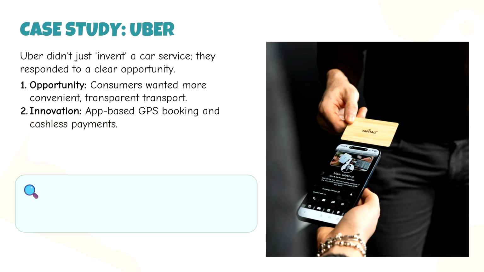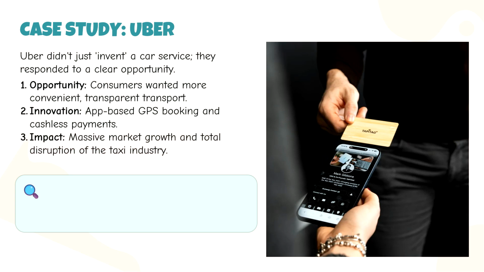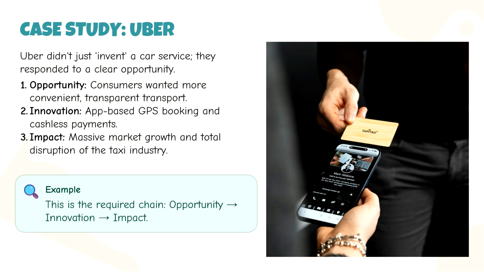It provided the innovation through an app-based GPS booking and cashless payments, and its impact was that it allowed massive market growth for Uber and it caused a total disruption of the taxi industry. This is the required process that you need to explain. We have identified through this the opportunity, the innovation that the business made, and the impact to the business.